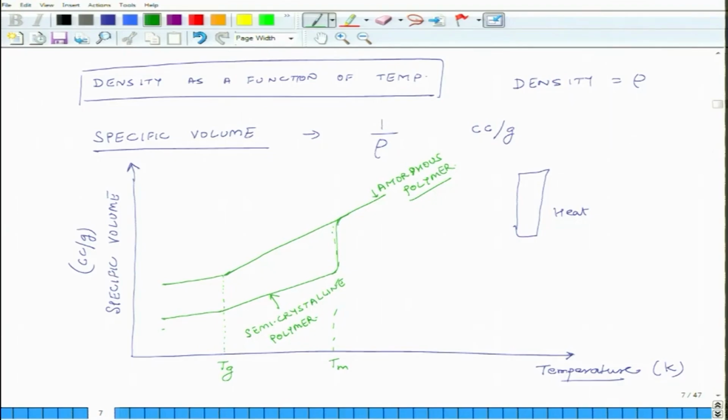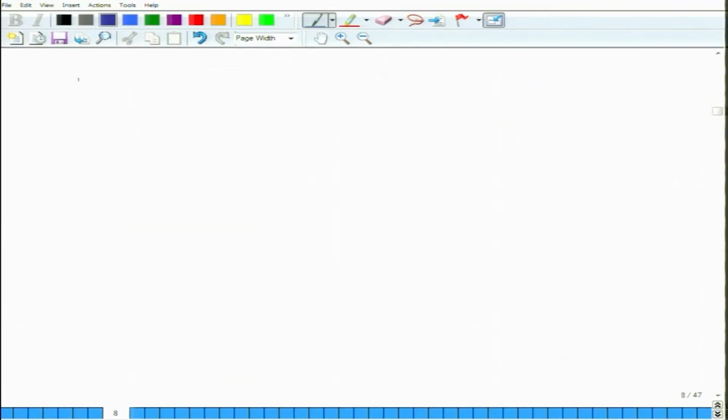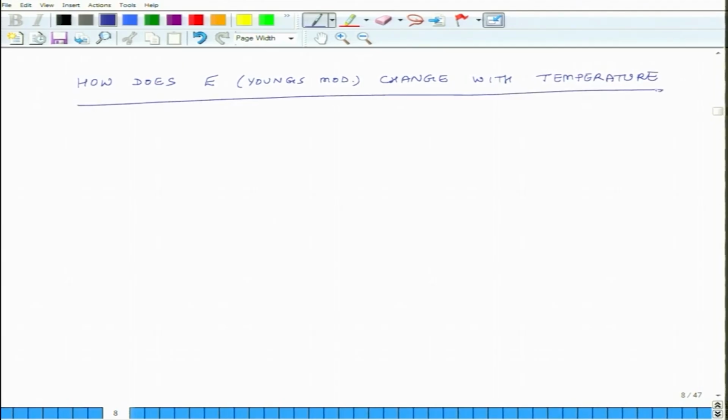Next, what we will look at is how E changes with temperature. So what is E? Young's modulus. How does E change with temperature?